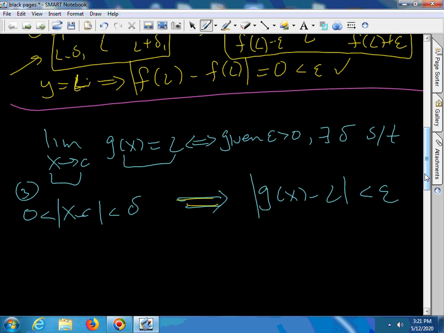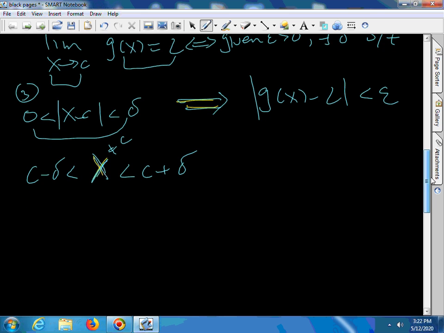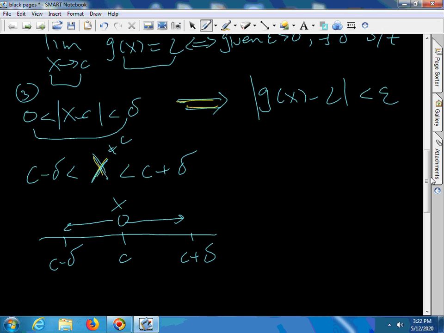Alright, so what does this mean? This means that x is in between c minus delta and c plus delta, but x cannot be c. So here, c minus delta, c plus delta, x can live in here. That's x, and that's also statement number 3.